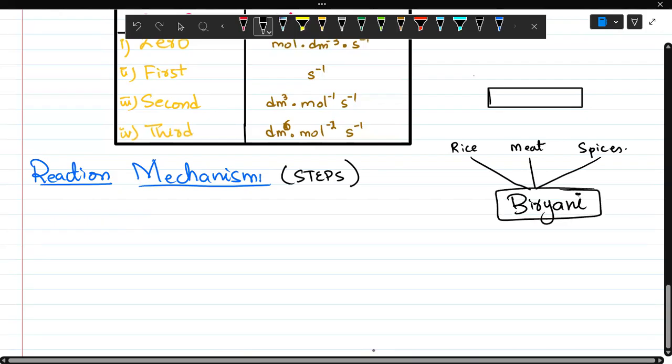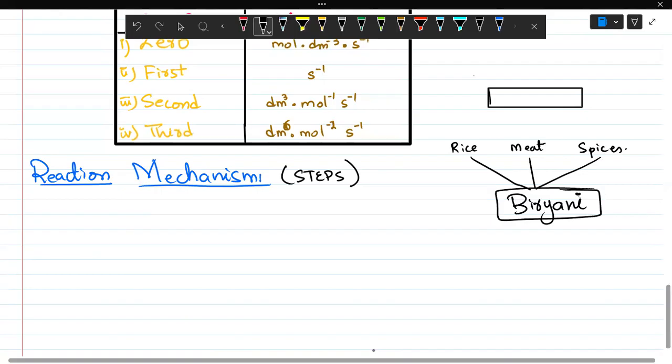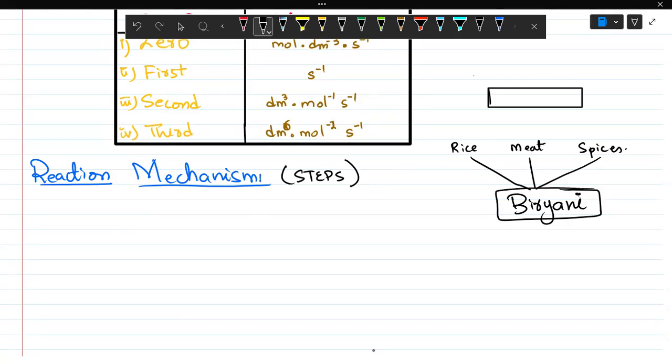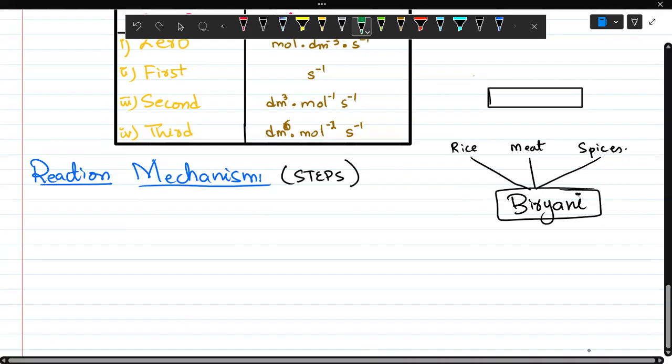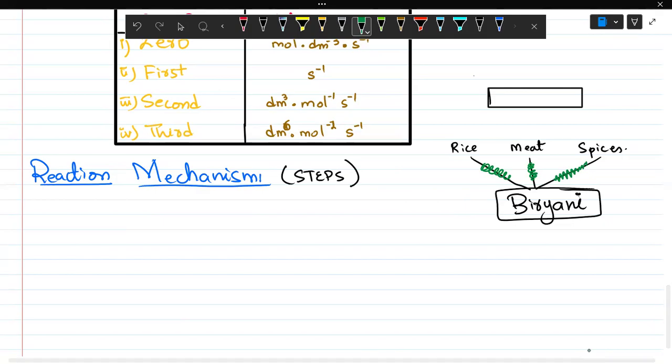A person like me, who doesn't know how to make biryani, would consider that when we mix these three materials, it becomes biryani like magic. But the people who know how to cook know that there are steps of processing through which the rice will go, steps through which the meat will go, steps in which the spices are involved, and at the end, after so many steps, we get the biryani.